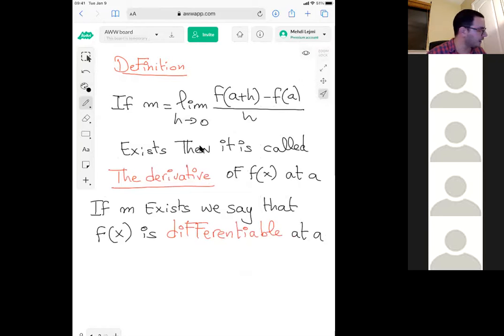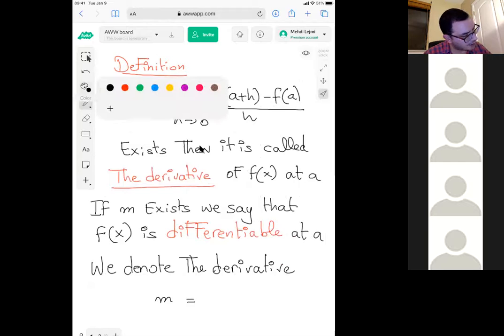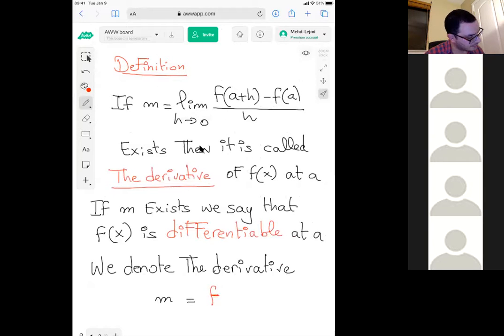Yeah, for the notation, guys. So actually, we denote the derivative m by f prime of a.